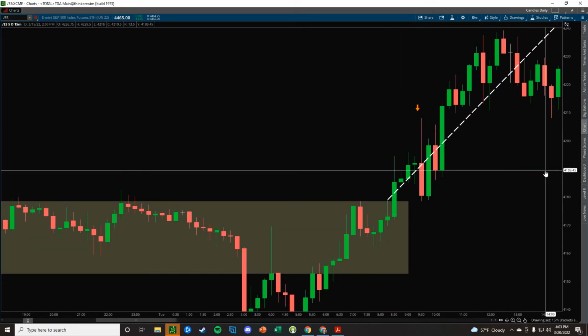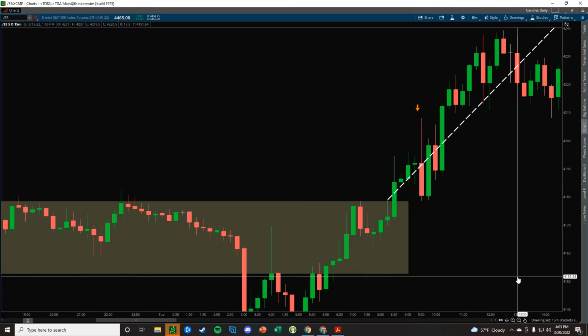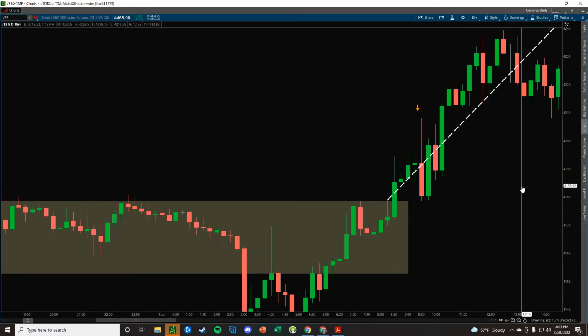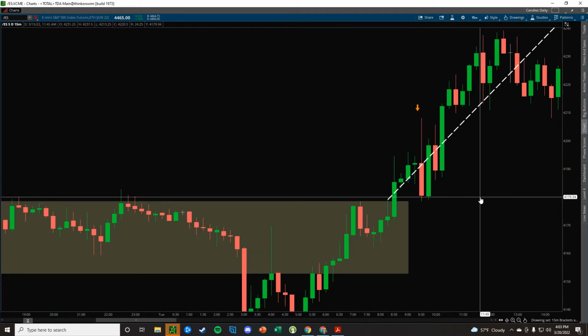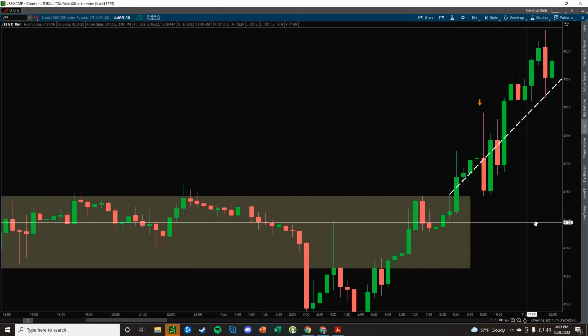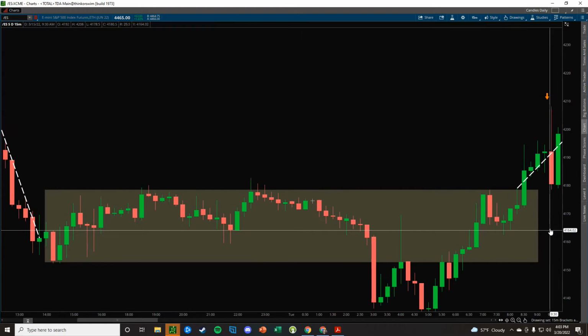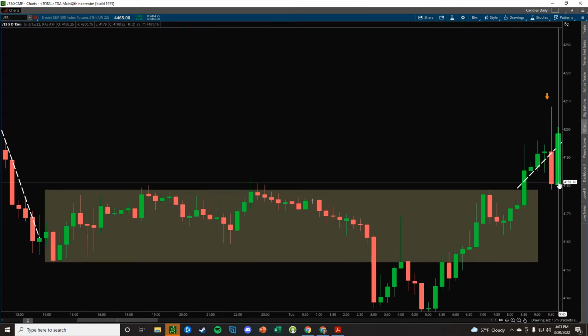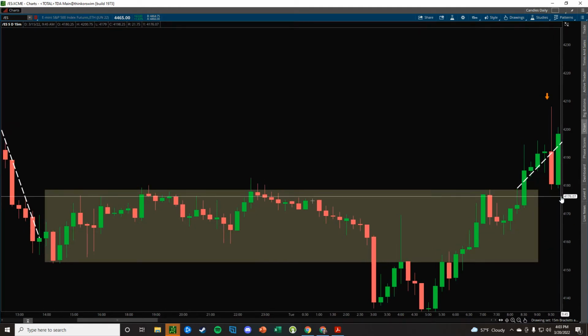Now again, this is going to take practice, so you've got to work on it. You have to be open to being able to see these things, and you have to give your brain permission to put these puzzle pieces together and to see the picture before it occurs. But you also have to be prepared that if it didn't play out like this, if you did get in on this candle and then the next candle breaks back into this bracket, you exit the play.